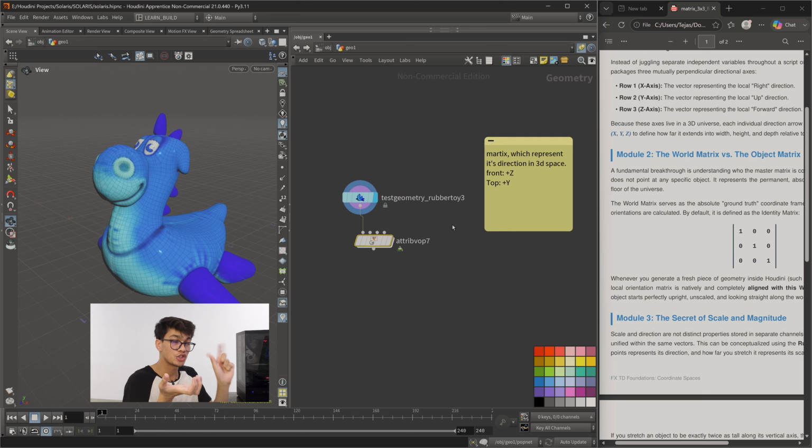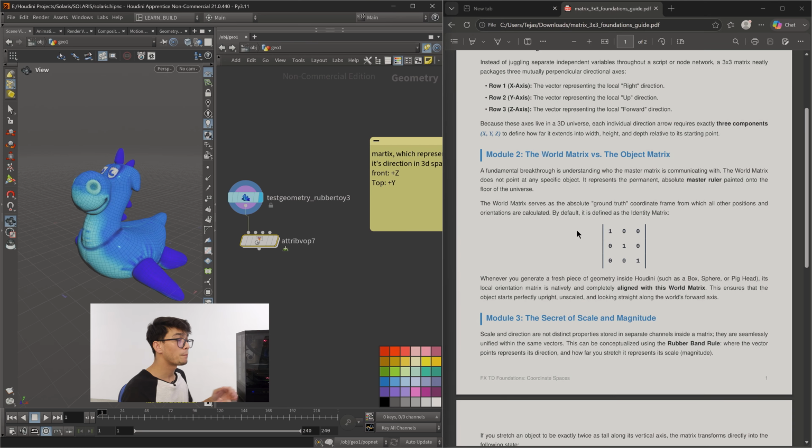So now when we create a geometry, its matrix will align with this, and its front will be facing the positive z axis, right? This is how it works. So it is being compared, so the matrices are now aligned with each other.